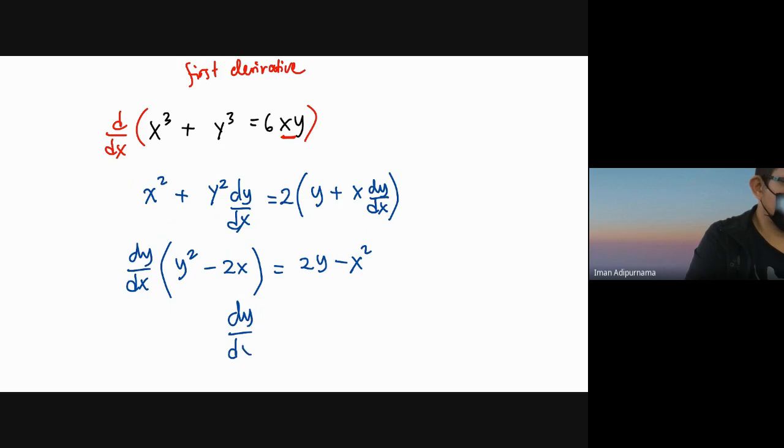So dy over dx will be 2y minus x squared.